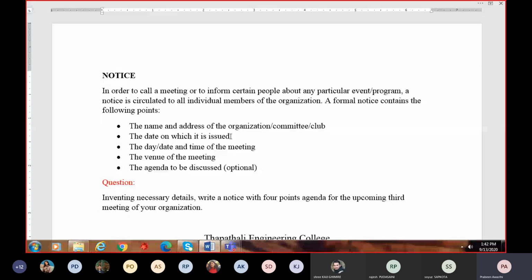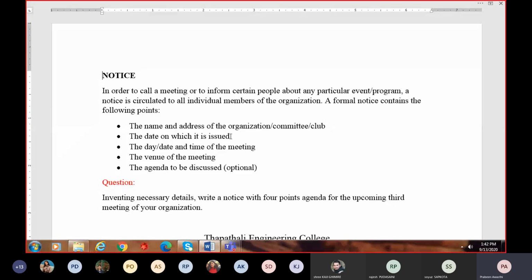First, a notice. In your syllabus, just notices for meetings is given with agenda, and minutes is also given. But this notice is not only written to call for the meeting, you know that. For example, your college writes notice to inform you about your vacation, your educational excursion, your project work, your internal exam, your result, about sports week, right?